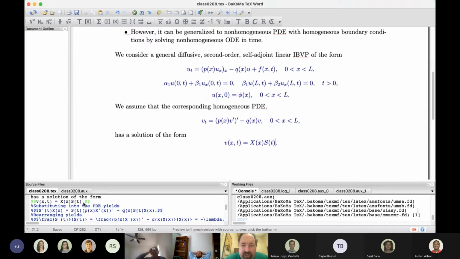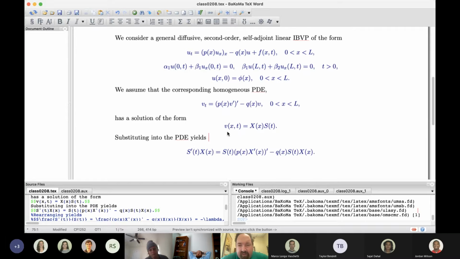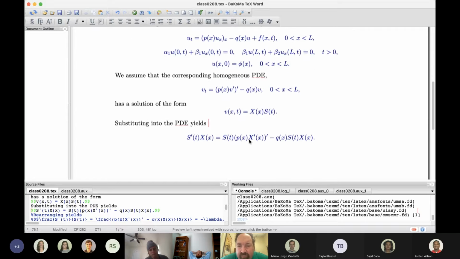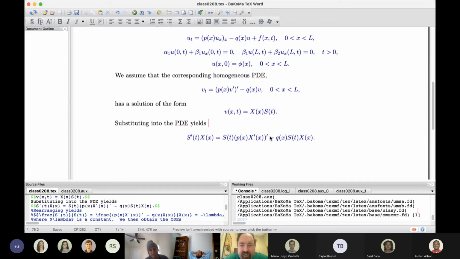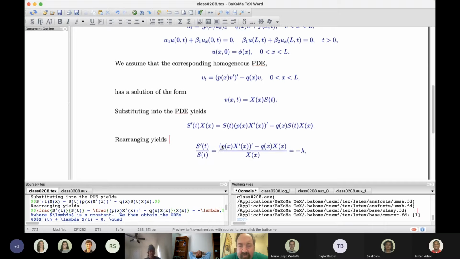So what I could do is substitute this into this PDE, so then I have something of this form, and then I could do like in separation of variables. I can isolate functions of t and x on different sides of the equation. So I'm just rearranging this. I have this part that depends on t, this part that depends only on x.